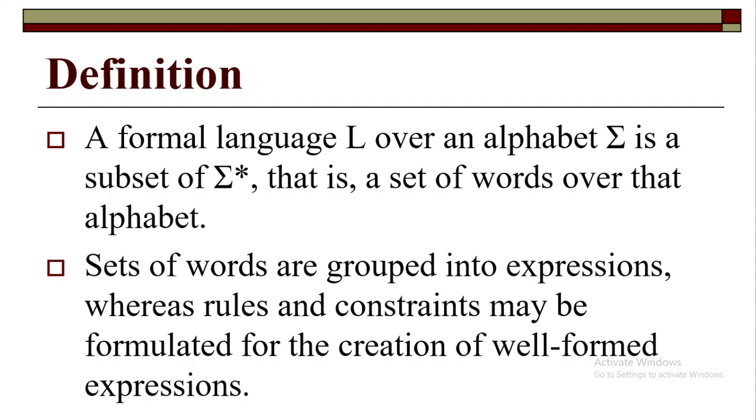So when we are given a set of alphabet, there may be a superset, that is sigma star, and we can create a formal language L over an alphabet that is a subset of sigma star.